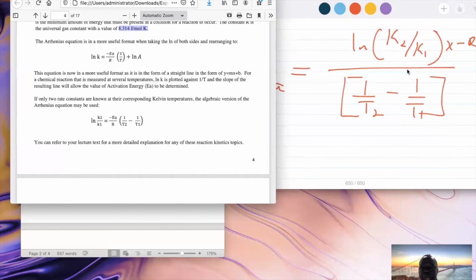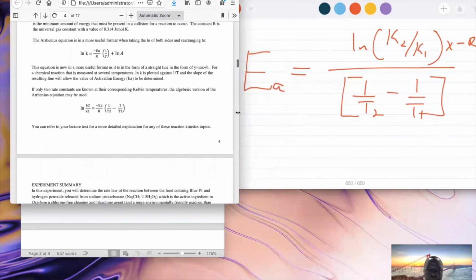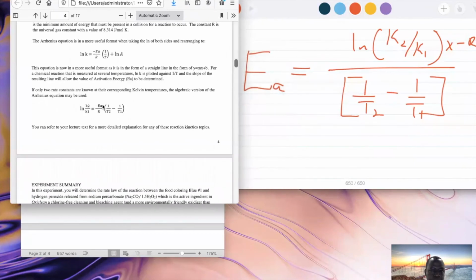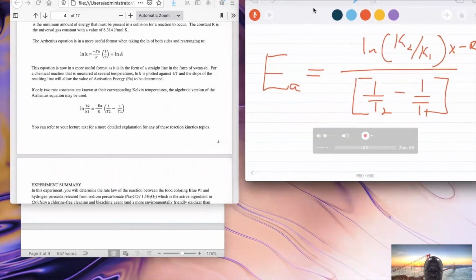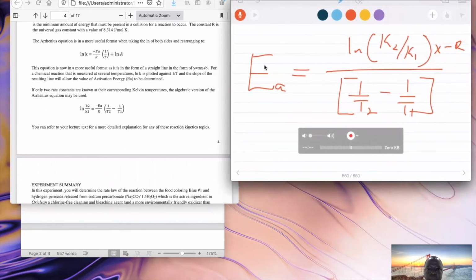What I've done here is rearrange that equation to make the activation energy the subject of the formula. The negative you see here for EA, I'm just moving around with the R, attaching it here.